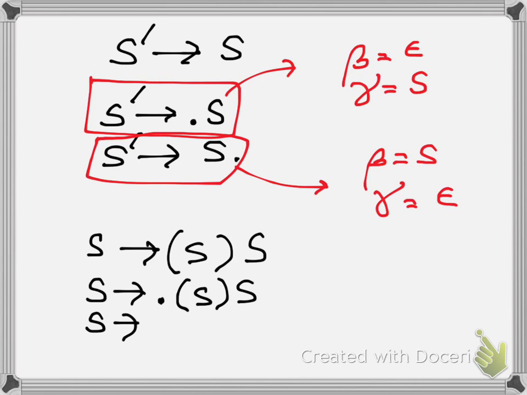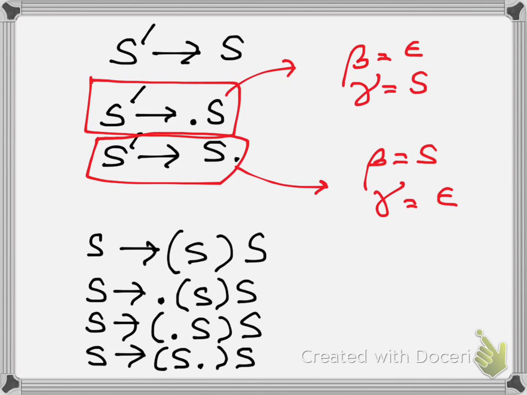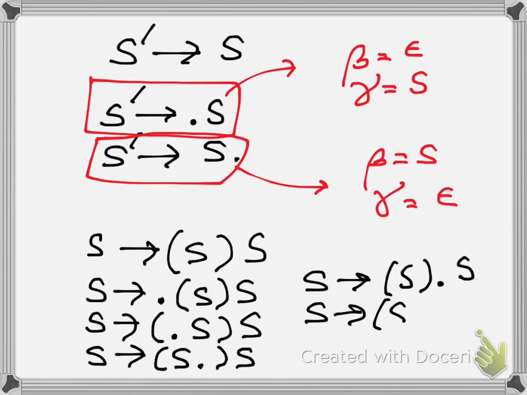Another item would be, I have seen the parenthesis, then comes the dot, and this part I have not seen: S, closing bracket and S. Then another item would be, I have seen this too, but I have not seen the rest. Another item would be, I have seen S dot and then I have S left. And then another item would be, I have seen everything of this production that is there to be seen. So this is what an item is.